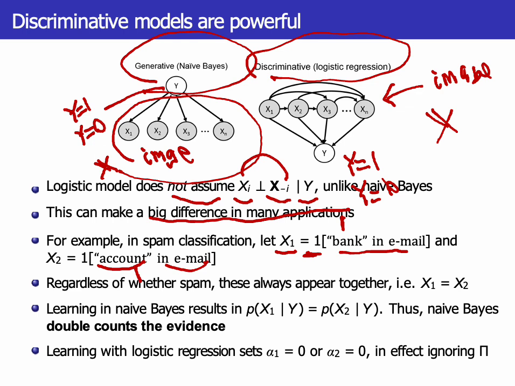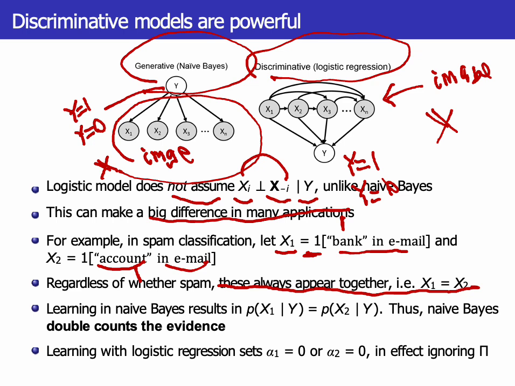Both can be classified as spam, and regardless of whether it is spam or not, these always appear together, so x1 equals x2. Learning in naive Bayes results in p(x1|y) equal p(x2|y).